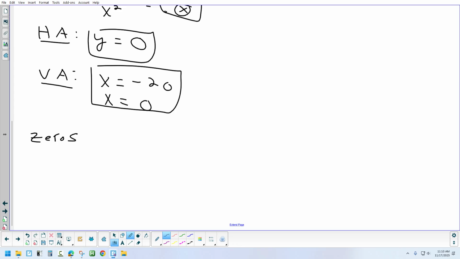So the zeros are the x-intercepts. If you have a point on the x-axis, every point on the x-axis has something in common. What does every point on the x-axis have in common? Y equals 0. The y value is 0. Yep. So in order to find the x-intercept, you take your formula and you plug 0 in for y.